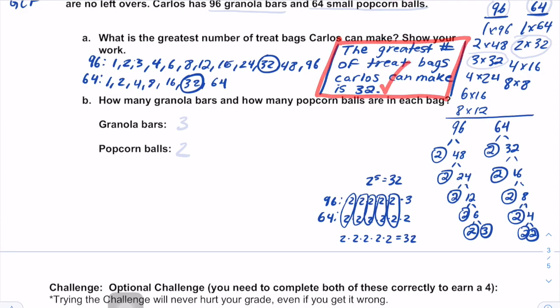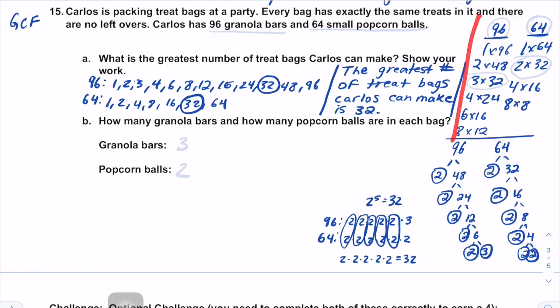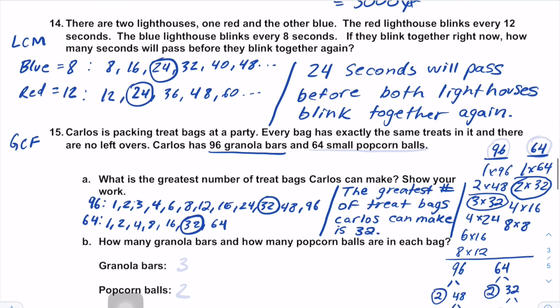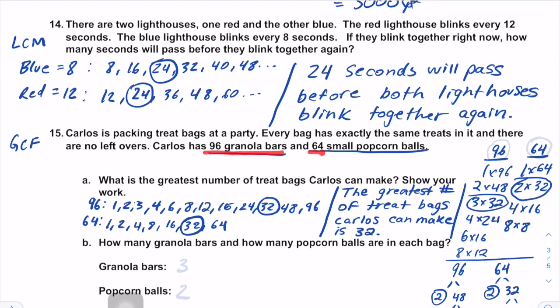The nice part about the first method is that now that we know the greatest common factor is 32, we can look to see what the factor pair was for 32 in each, and we would see that the factor pair for 96 was 3 times 32, and the factor pair for 64 was 2 and 32. Now, looking back at the question, I know that 96 was the number of granola bars, 64 was the small popcorn balls.